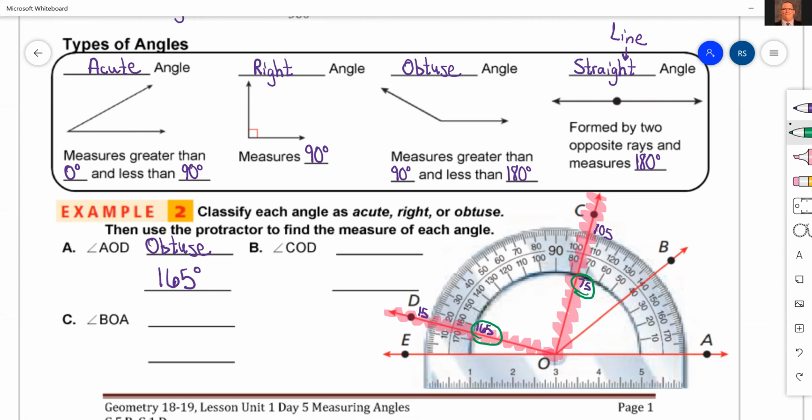If you use the outside, if you say, oh, I'm going to use 15, then you have to use 105 to go with it. So these two go together, and these two go together. You can't cross over between them. It's not going to work.